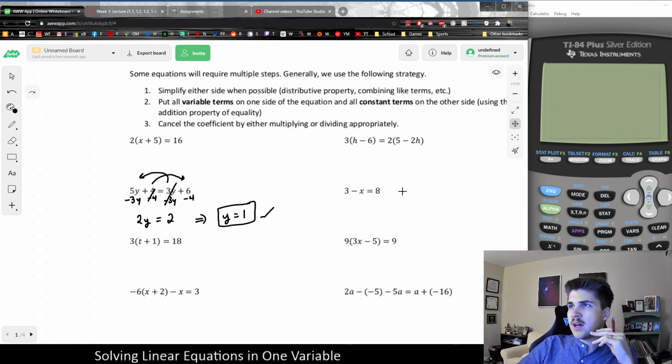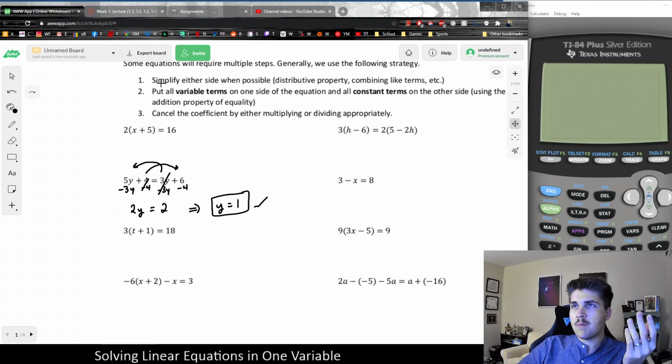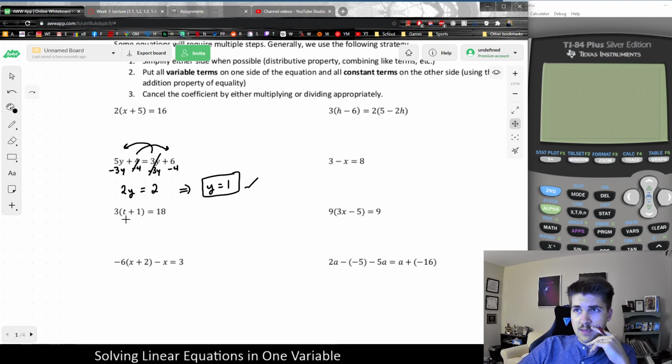And also, like with step 1, it says simplify either side when possible. Looking at the example directly below it, 3 times t plus 1 is equal to 18. Sometimes we might have something where we can actually do math first.